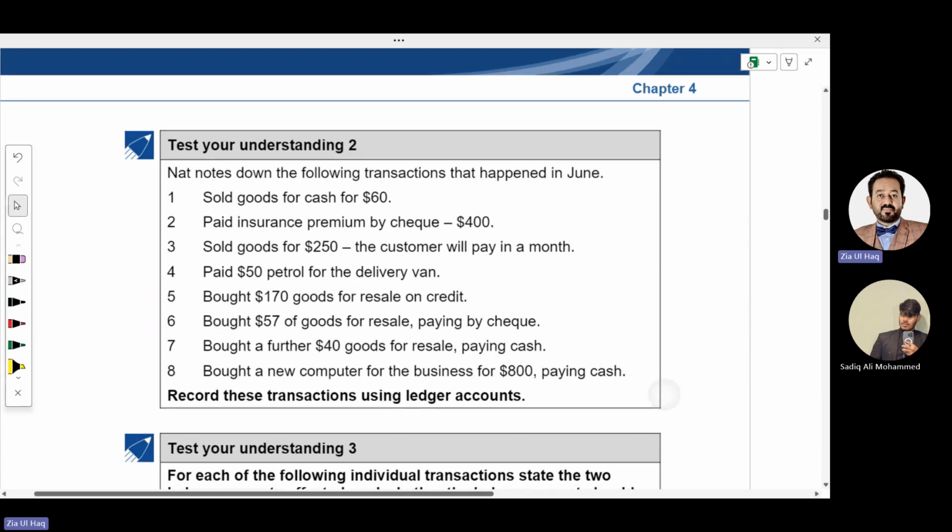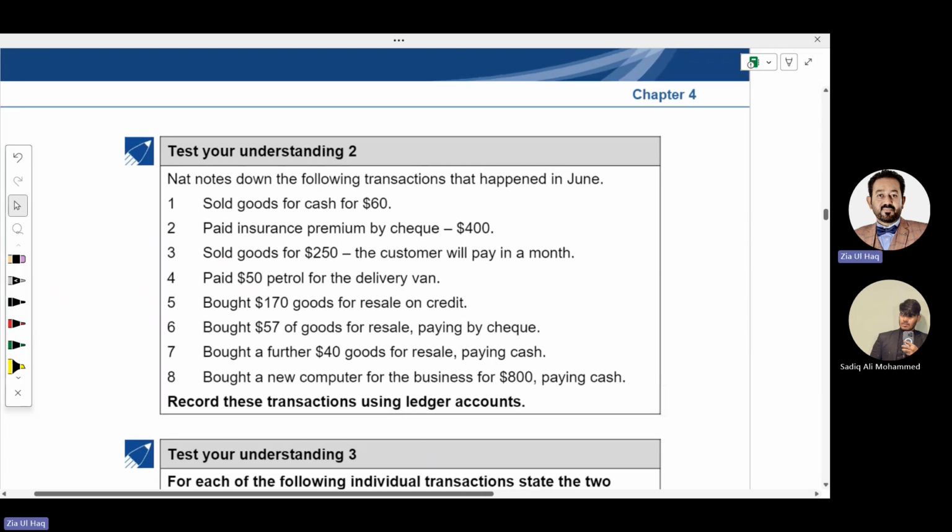Okay, we need to record accounting entries for these. Sold goods for cash: cash debit, sales credit. Paid insurance premium by check: insurance premium expense debit, bank credit. Sold goods for 250, the customer will pay in a month, credit sale: receivable debit, sales credit.